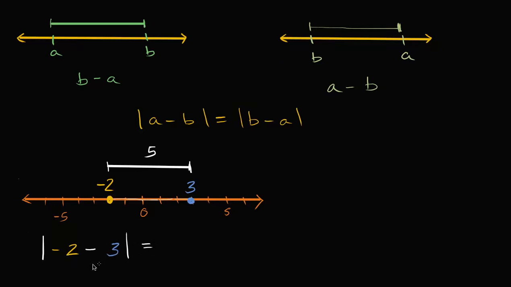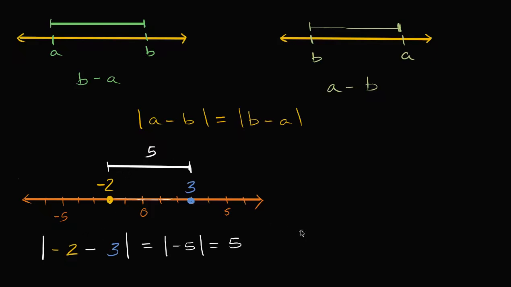Well, -2 minus 3 is -5. So it's the absolute value of -5. And so this indeed equals 5. So notice I subtracted the larger number from the smaller number. I got a negative value, but then I took the absolute value of it that gave me the actual distance between these two numbers.